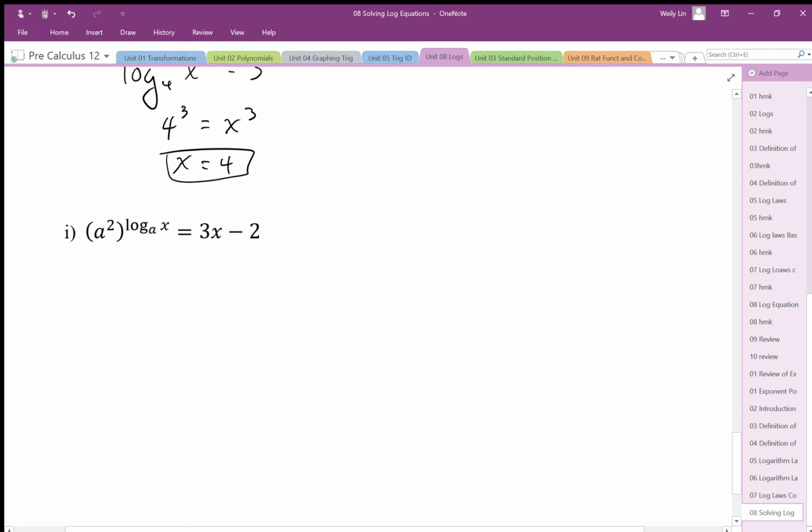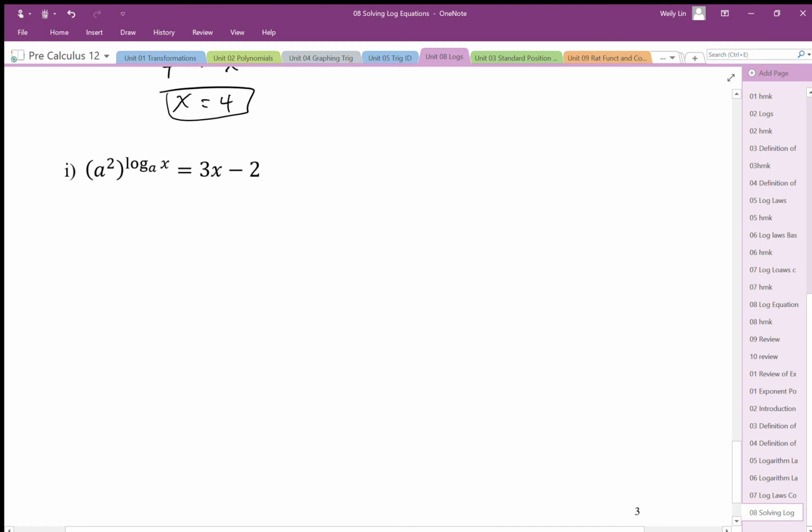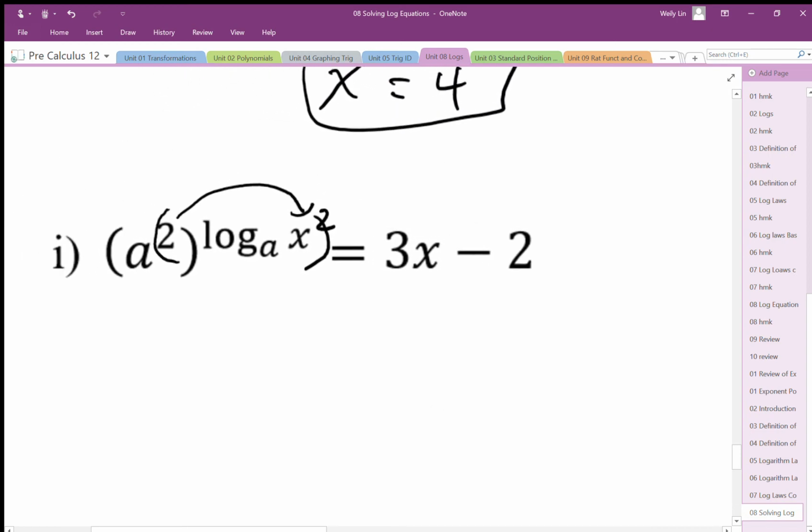So this last one here, we can apply an identity. If you think of this as a grouping here, I could put that power onto that x as x squared. Okay, so I'll just zoom in a bit so you can see that. I'm going to apply the power onto here. So it's just a coefficient on log.